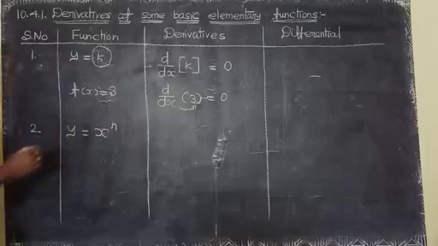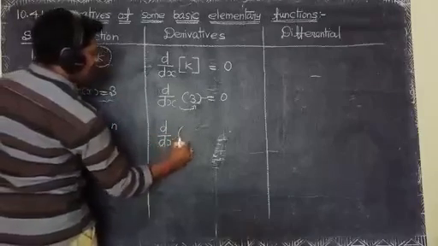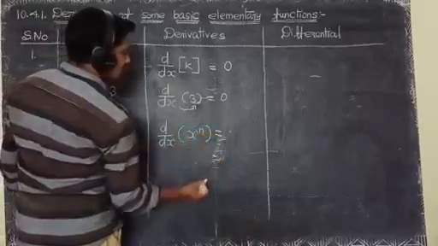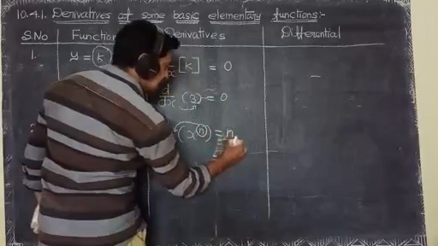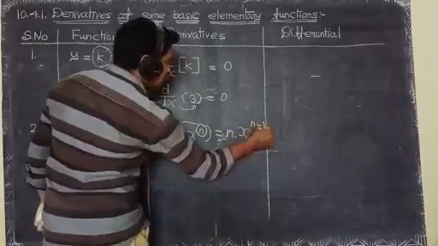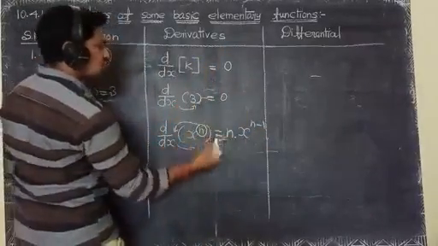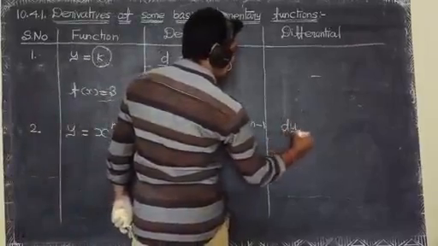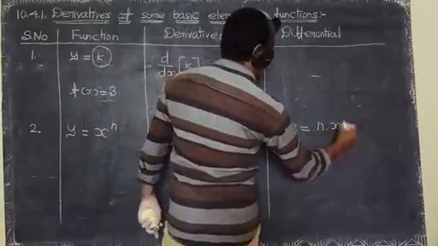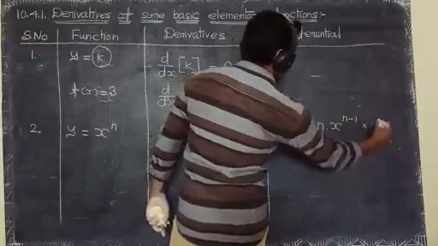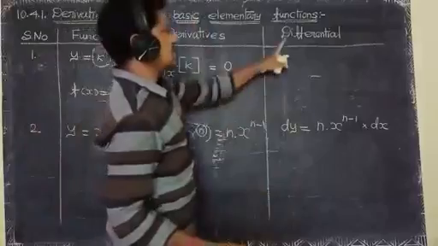This is an important one. d by dx of x power n is equal to n into x power n minus 1, the power goes in front. The differential is dy equal to n into x power n minus 1 into dx. This is the derivative, and this is the differential.